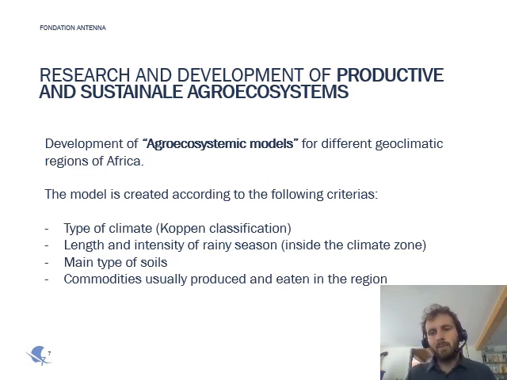We will then adapt to the main types of soils that we find in the region. And of course, we will adapt to the commodities that are usually produced by farmers and usually eaten by the people in the region.